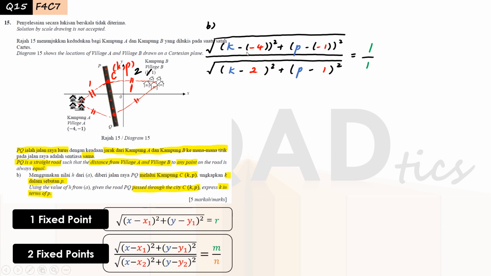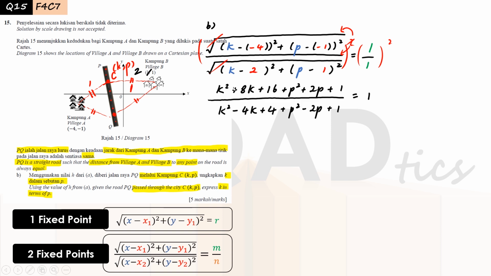Now to remove the square root, what we can do is square both sides. With the square here, it applies to both square roots, so both square roots will cancel off with the square, and here it's 1 divided by 1 in the square, so it's also 1. On the left side I'm going to expand it out, and the result will be something like this, and the right side is just 1.